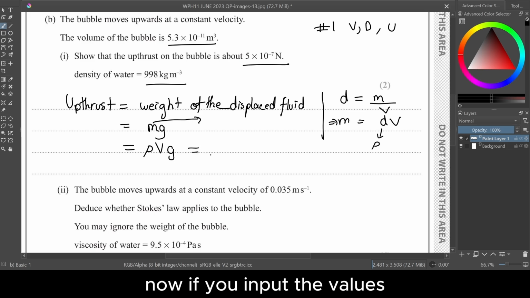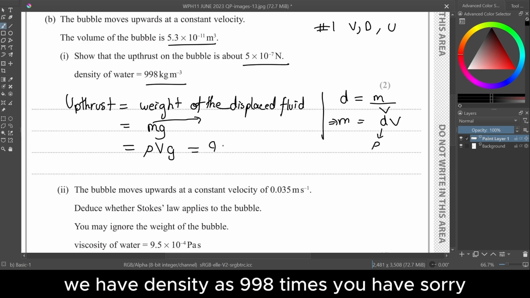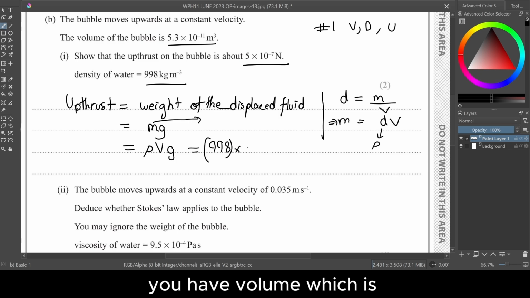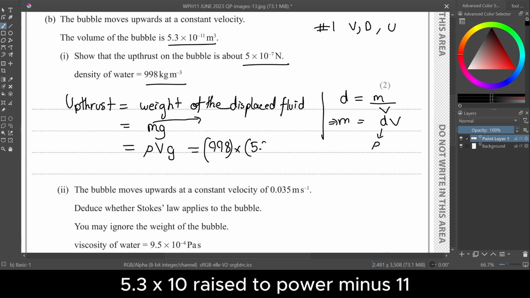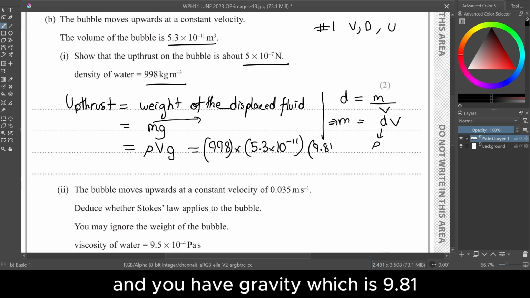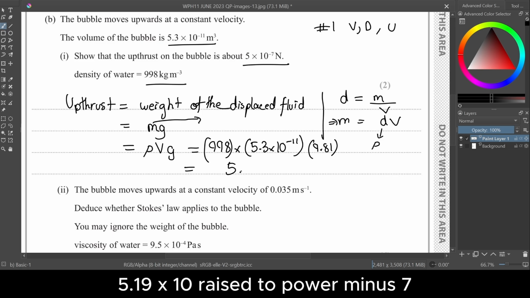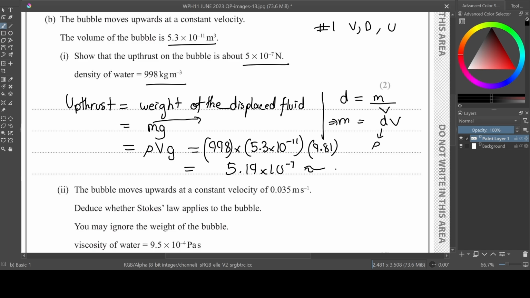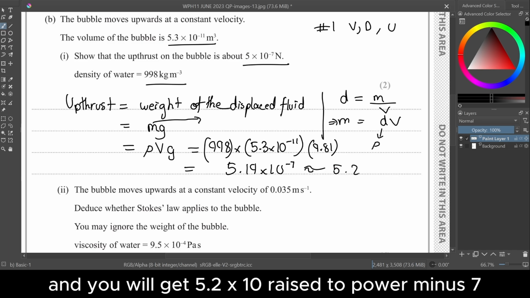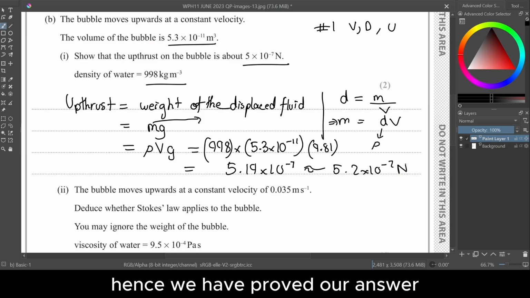Now if you input the values, we have density as 998 times volume, which is 5.3 times 10 to the power minus 11, and gravity, which is 9.81. If you multiply this, your answer will be 5.19 times 10 to the power minus 7, and rounded off you will get 5.2 times 10 to the power minus 7. Hence we have proved our answer.